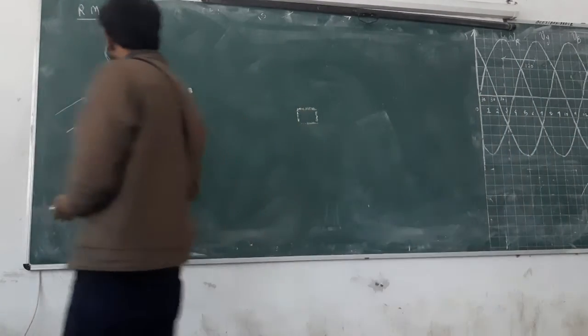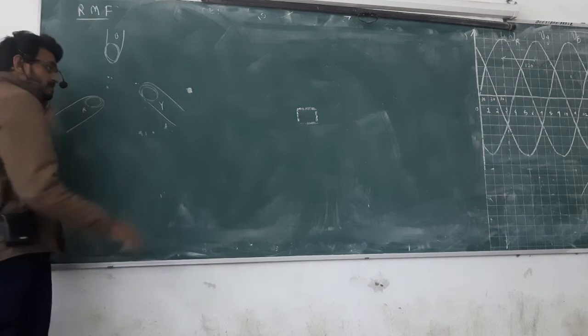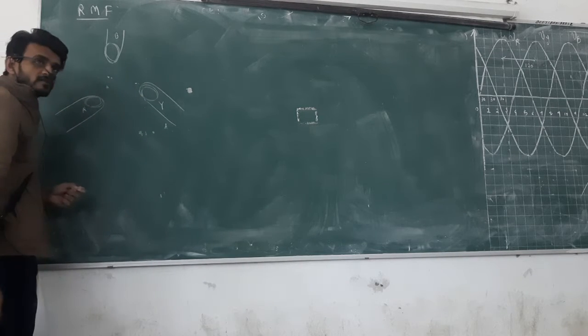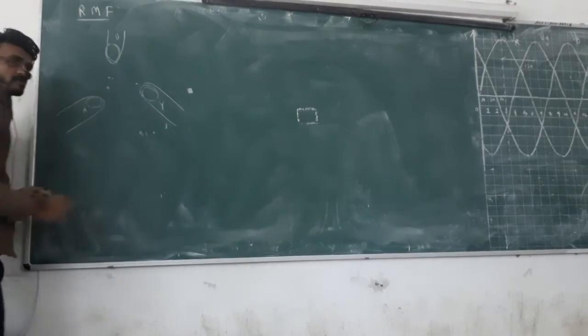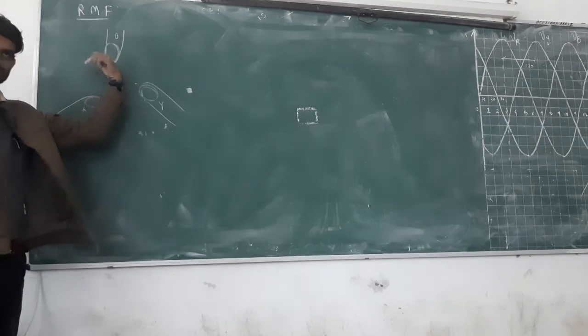So this one has maximum flux in this direction. After some time, this one has maximum flux in this direction. After that, this one has maximum flux in this direction. So we can say that the magnetic field is rotating in this way.